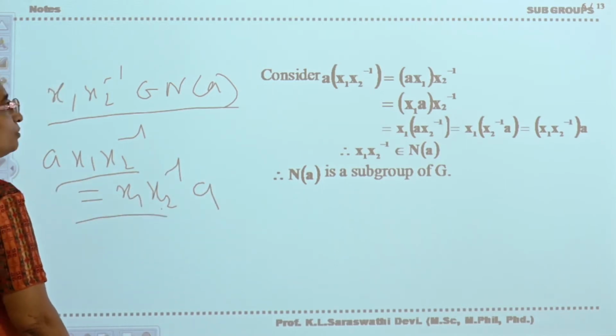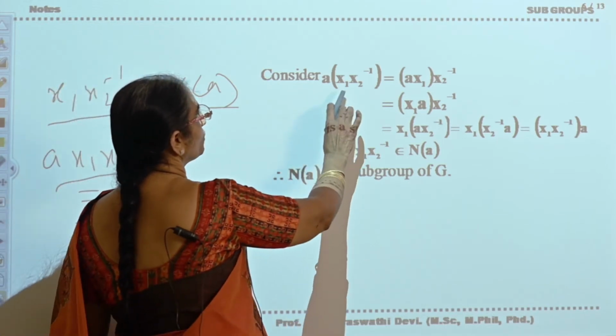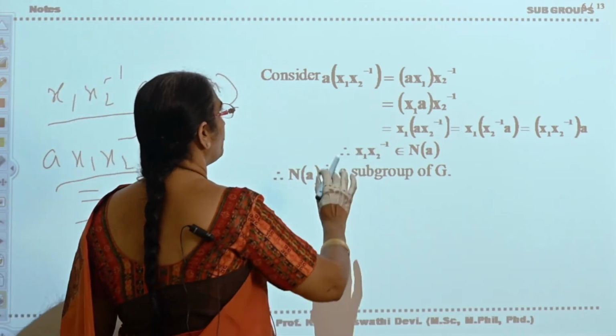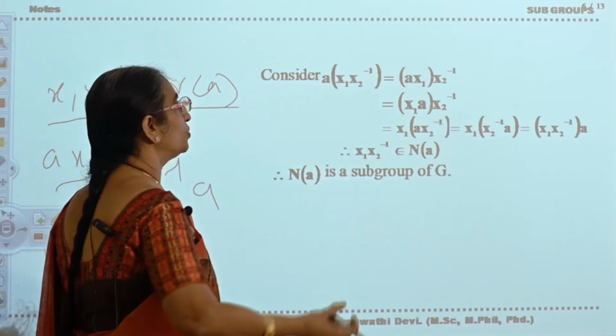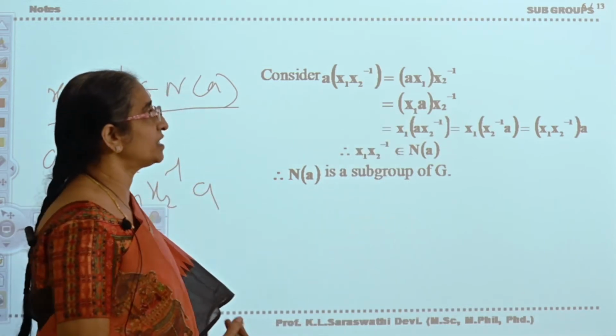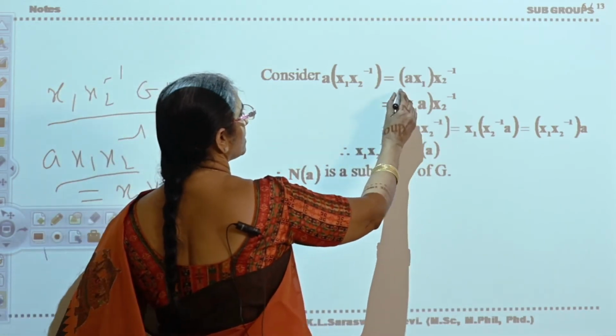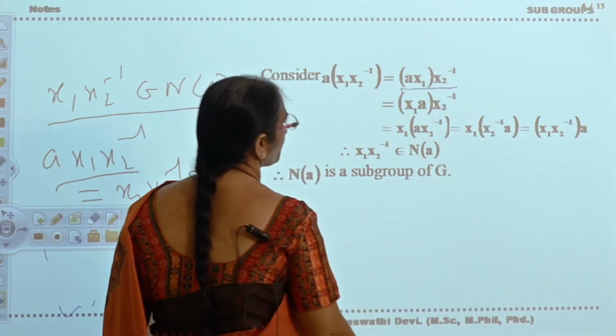For that, you have to consider A x1 x2 inverse. And what are x1 and x2 inverse? They are all the elements of G. So you can write it as A x1 into x2 inverse.